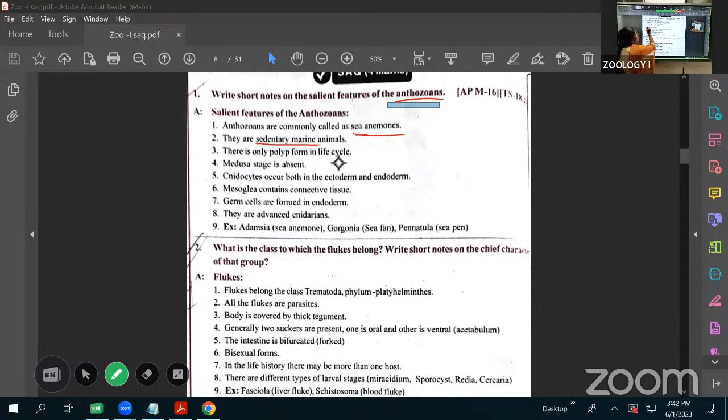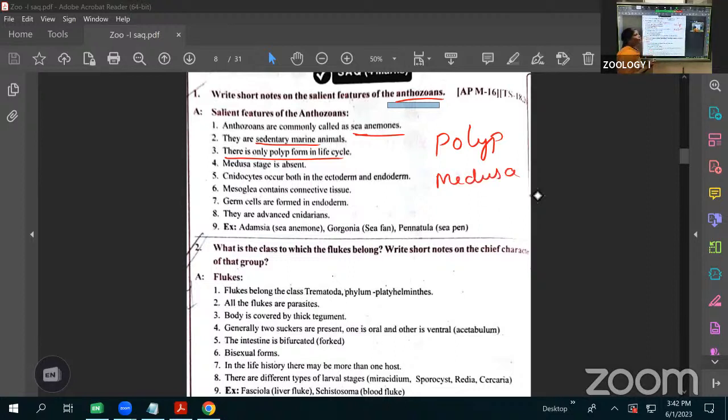Next, they have only the polyp form. Normally, Cnidarian animals undergo metagenesis, meaning in their lifetime two forms are there. One is called a polyp, another is called a medusa.